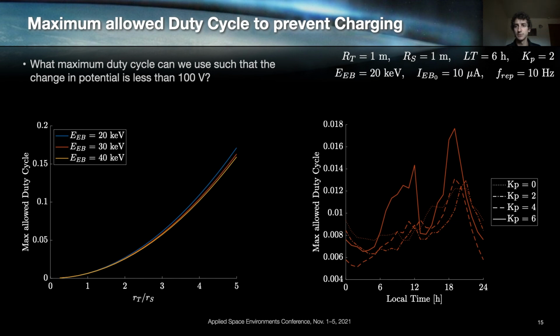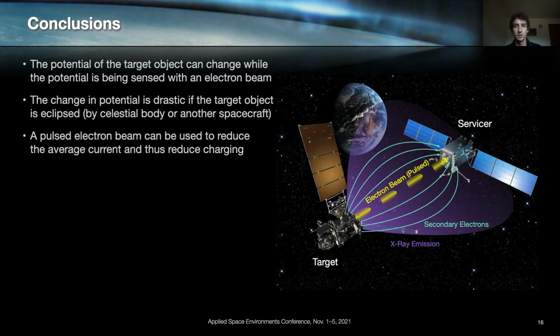But if the target object is bigger than the servicing satellite, then we could even go up to about 10% for a duty cycle. And on the right-hand side, similarly, the maximum allowed duty cycle over local time. So this is also a function of local time due to the different charging scenarios.